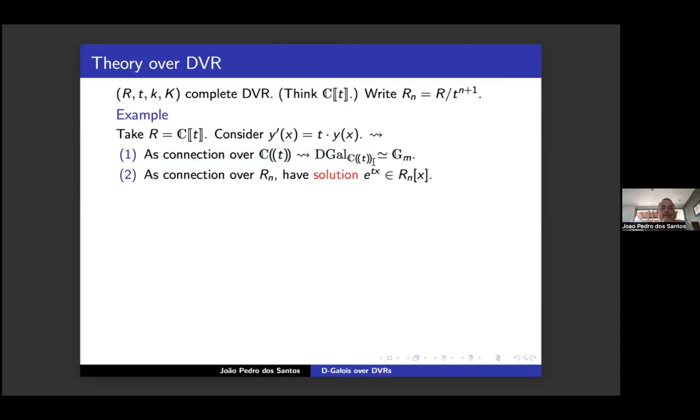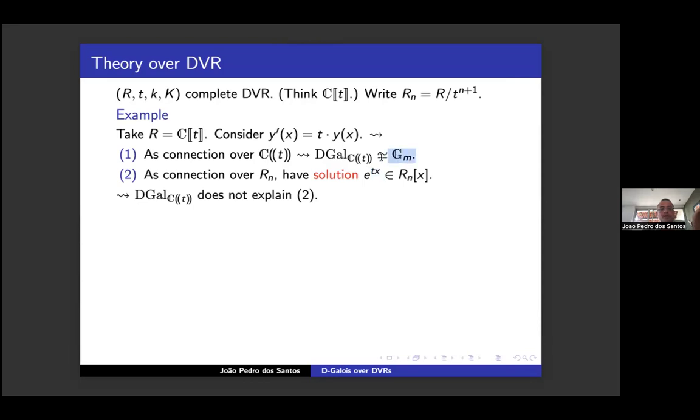But then if you truncate, so you declare that t to some power is 0, then you get the exponential as an algebraic function. It means that your equation is trivial. So you have a solution, then the equation is trivial. And so what happens?